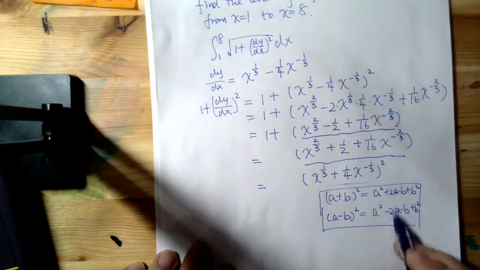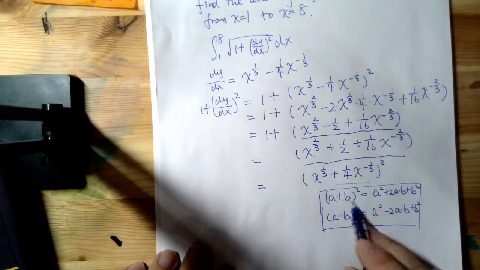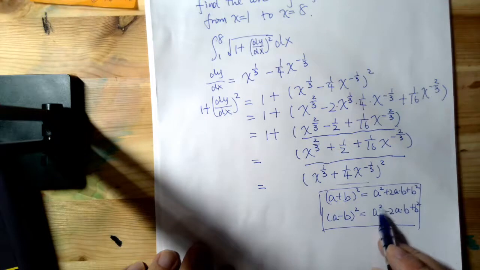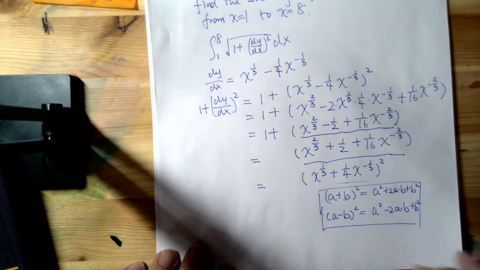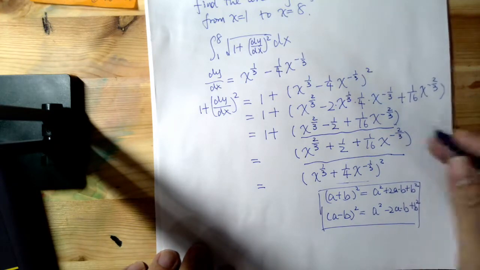So you can see that only in the middle term is the sign changing, and when you convert it back into the perfect square, all you need to do is alternate the sign. So that's where this comes from.